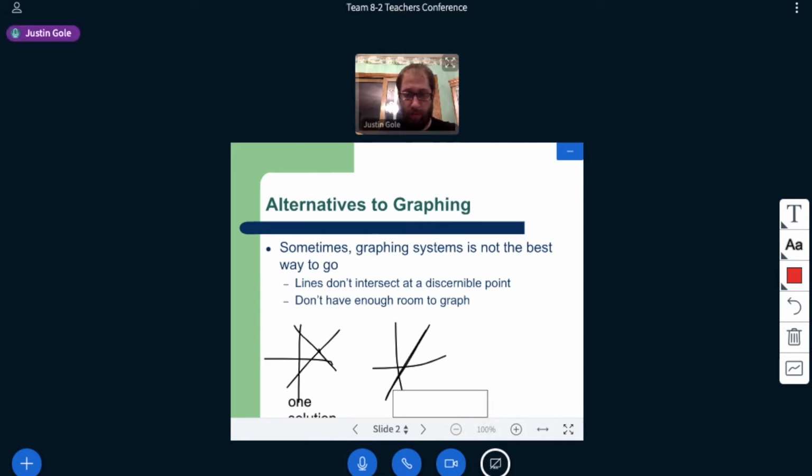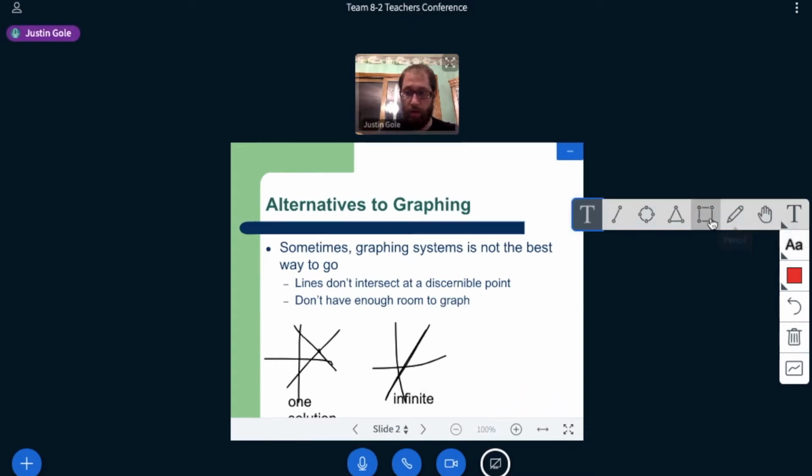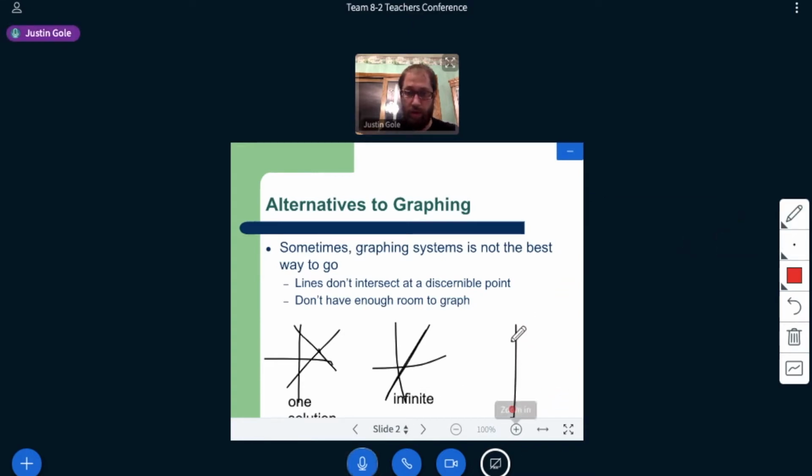Or the lines could be the same line, giving all or infinite solutions. Or the other thing we could see is parallel lines where there are no solutions.